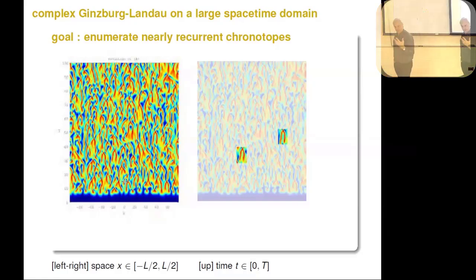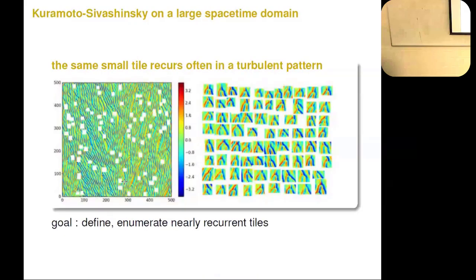And the reason why you understand that this is complex Ginzburg-Landau and not Kuramoto-Sivashinsky is that in Kuramoto-Sivashinsky, there are no such horseshoes. So you realize that there are some features which are small, but they're the building blocks of what you're doing.